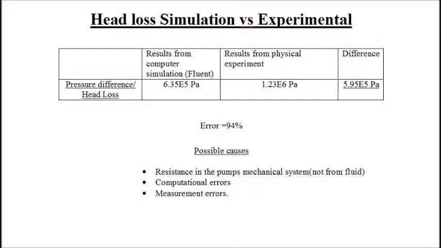There must be force applied to the pump in order to power the fluid expelled. I believe there is also a spring in the pump which causes it to rebound. This force must also be overcome in order to expel the fluid. There is always the possibility of computational and measurement errors as well.